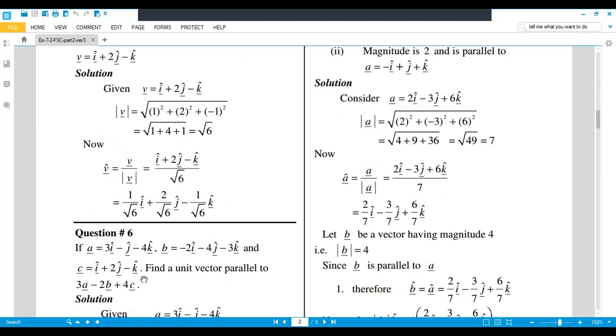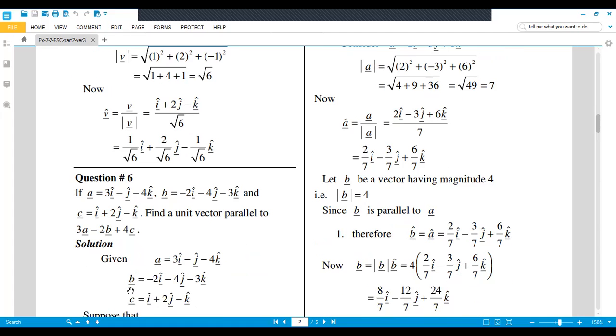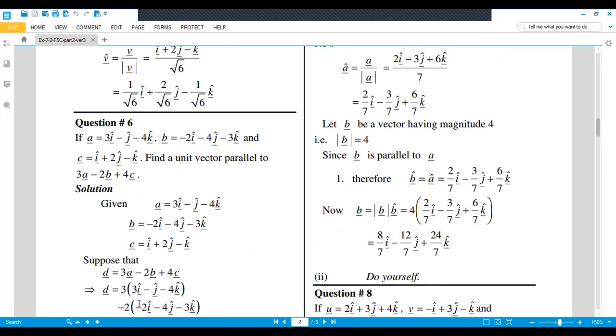Come to question number 6. In question number 6, A, B and C are given. Find a unit vector parallel to 3A - 2B + 4C. So suppose that D is 3A - 2B + 4C, which means the unit vector we have to find is parallel to that.